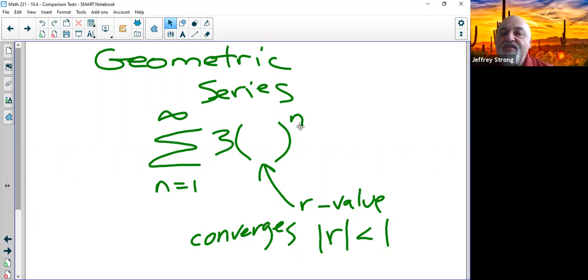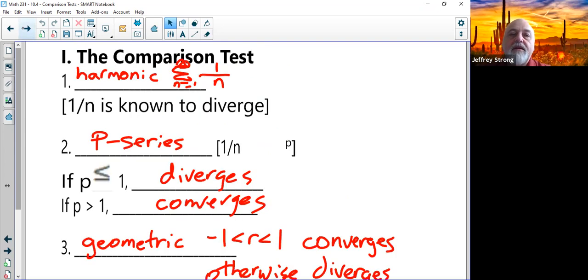And then the r, the number that's being multiplied by each time in your geometric series, that's your r value. So if the absolute value of r is less than 1, that's a series that converges every time. So the more that you use these, the more you'll memorize. You'll know, oh, that's a converging geometric series, and oftentimes you can tell that just by looking at it.